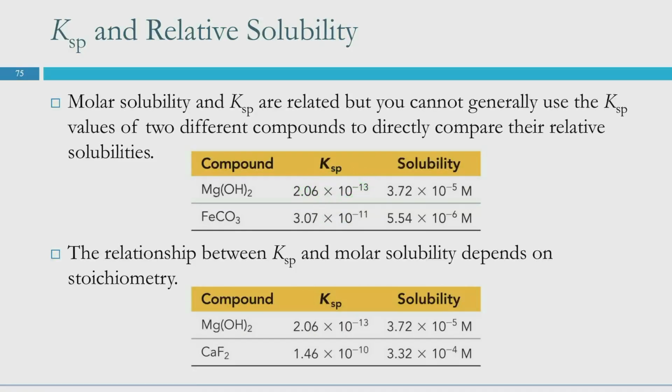So lower Ksp, but the way that the maths works out, our solubility for Mg(OH)2 is actually higher than for FeCO3. And that's because of the two hydroxides in the magnesium hydroxide. So we have slightly different Ksp expressions, and so that's going to make our solubility not line up the way that we'd expect.